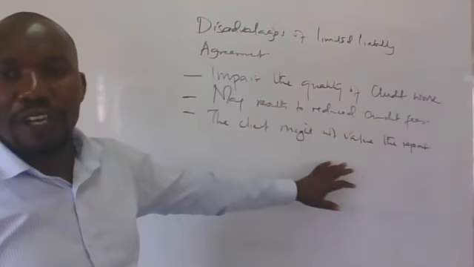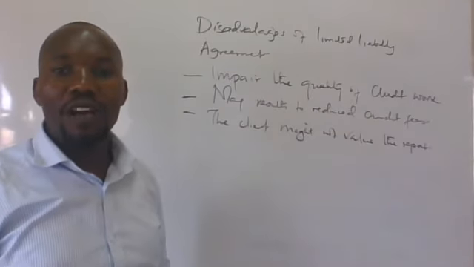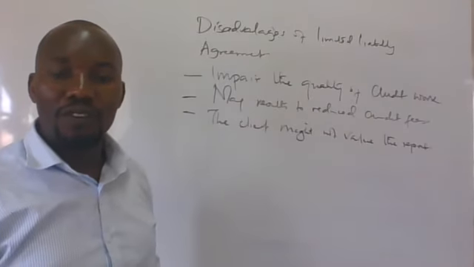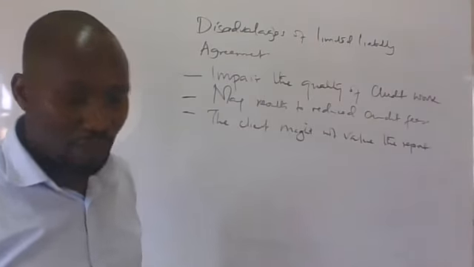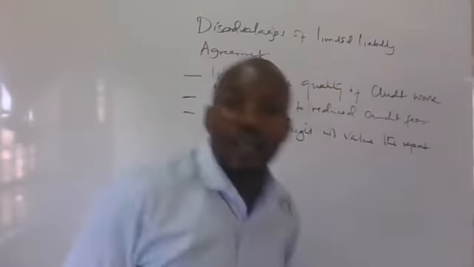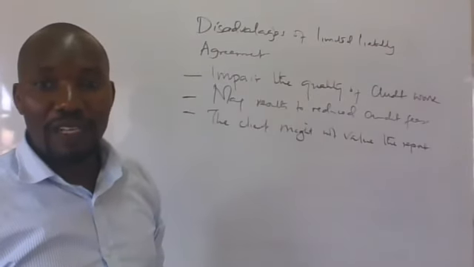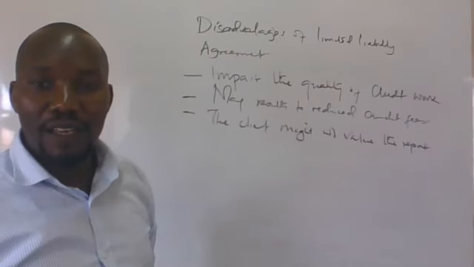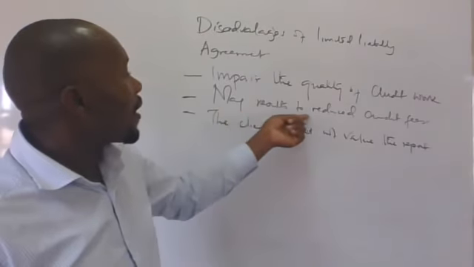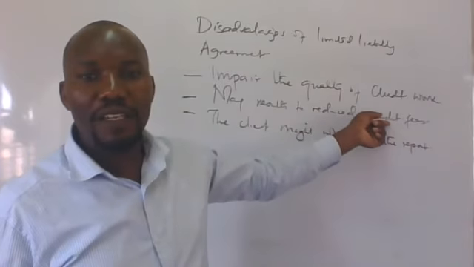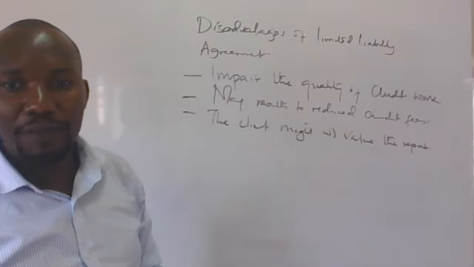Number three says that the client might not value your report. The client will not value your report. The client knows you are going to be lazy. After all, you're not going to be very keen. Since we have agreed, in case of anything, we'll be sorted. So if the client doesn't value your report, that means that even bargaining power for audit fee will be low. The client will pay you little, after all, he knows it's not going to be a quality report. So that is number two. That may result in reduced audit fees. It might result in low audit fee.